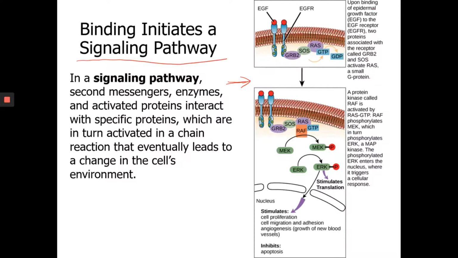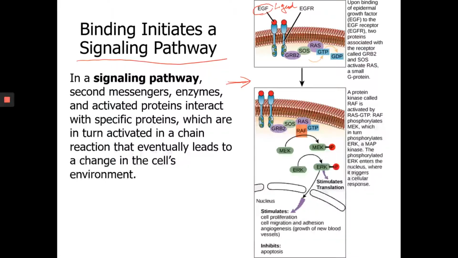What you have is EGF, so this is going to be the signaling molecule, the ligand. EGF stands for epidermal growth factor. This EGF is going to promote cell division. So it's a growth factor, right? If the cell receives this signal, the cell is going to think, okay, I need to divide faster, make more cells.